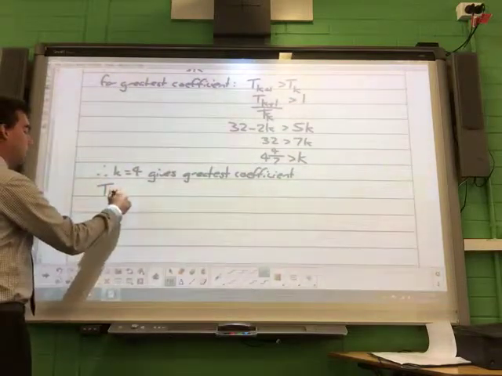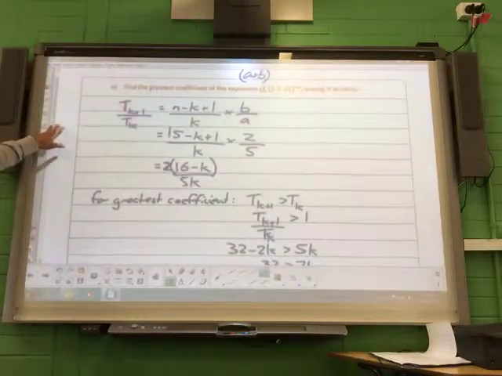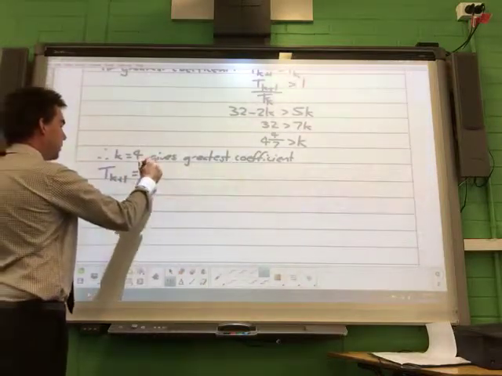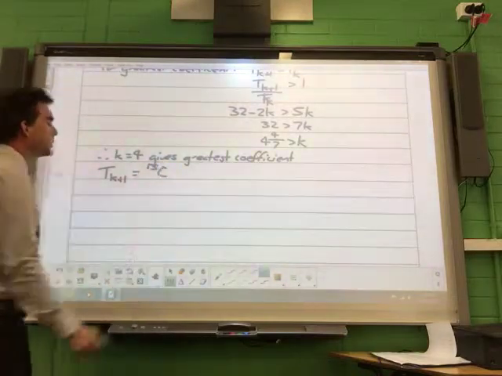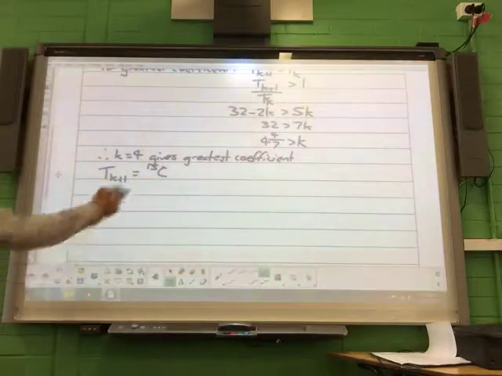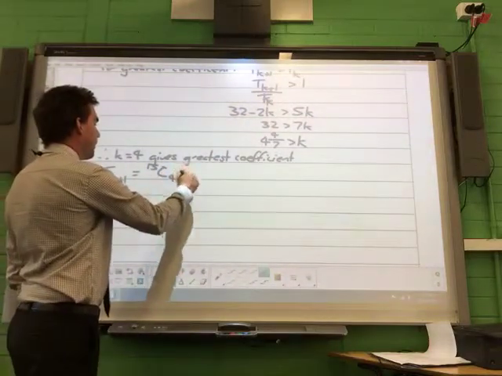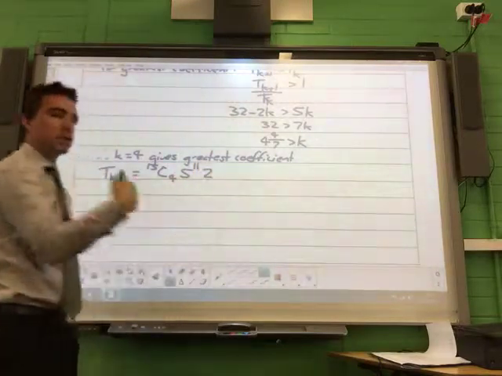Right, so term k plus 1, we're going back to a couple of lessons ago where we wrote the general term expansion. So 5 plus 2x to the power of 15. It's going to be n, which is 15, c, hang on, k is 4. Yeah, that's right. It's 15c4 of 5 to the power of 15 take away 4, and just the coefficient.